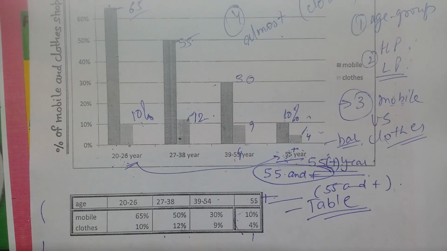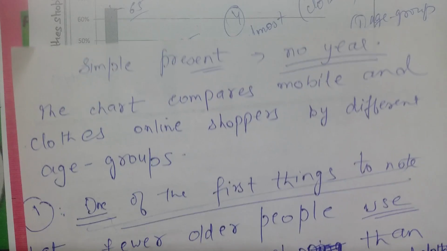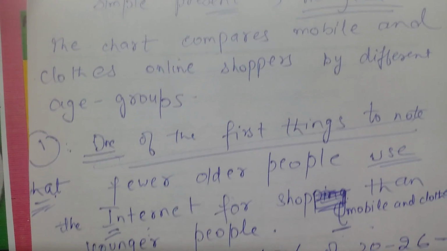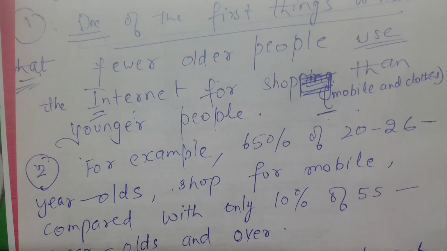This is all about it, and I'll show you the page also, please. Tense, I told you, if there is no year, we can easily write simple present. That's not a big thing for us.